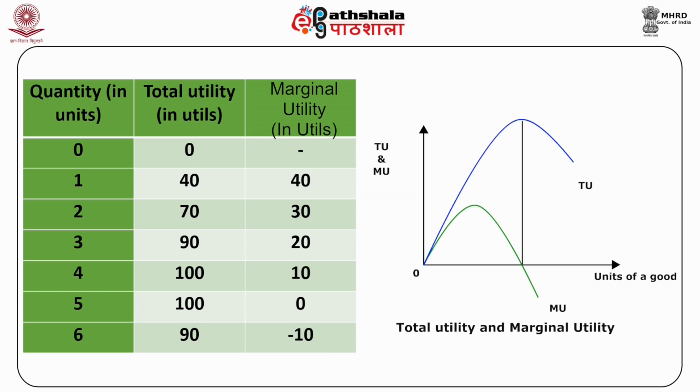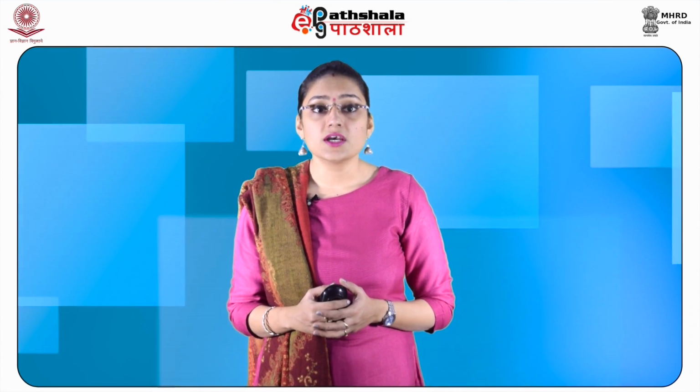Note that the point where the total utility reaches its maximum is the point where the marginal utility becomes 0, and thereafter when the consumer increases his consumption of the good again, total utility decreases and marginal utility goes negative. Thus, we can conclude that there exists the following relationship between the total utility and marginal utility.